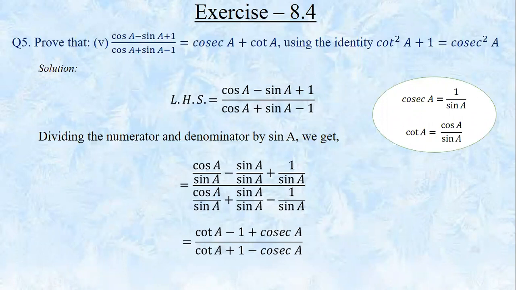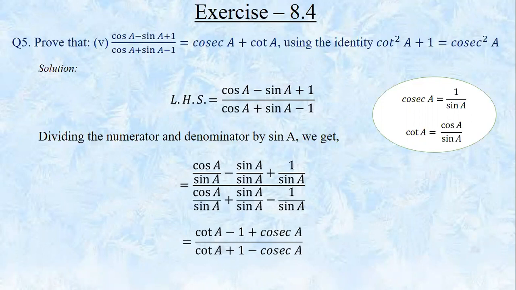Fifth question, prove that cos A minus sin A plus 1 divided by cos A plus sin A minus 1 is equal to cosec A plus cot A using the identity cot square A plus 1 equal to cosec square A. There are many ways to prove trigonometric questions. You can use any of those methods.